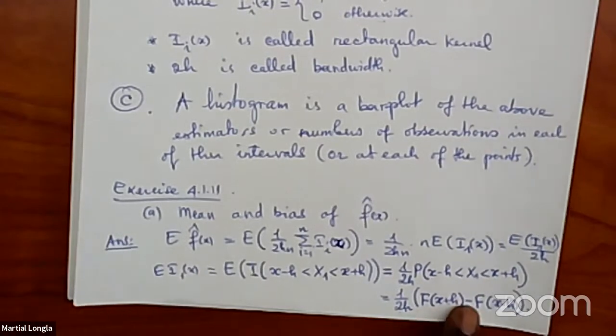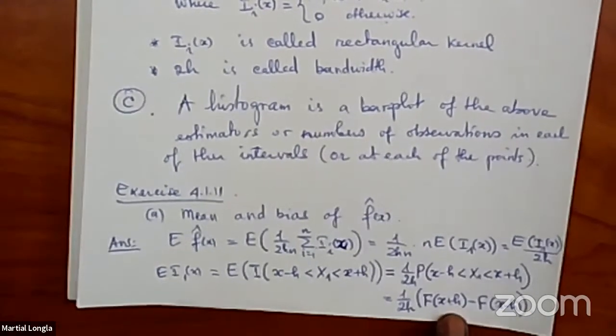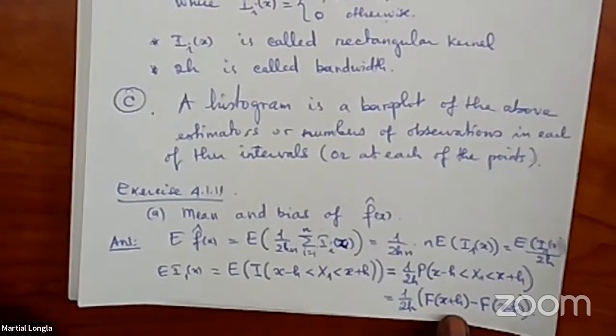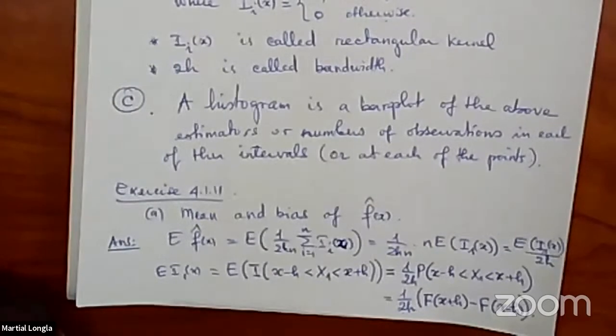So this is the mean. You can't do better. You cannot beat this. And you can see it's not unbiased, because in general this thing is not equal to little f of x.